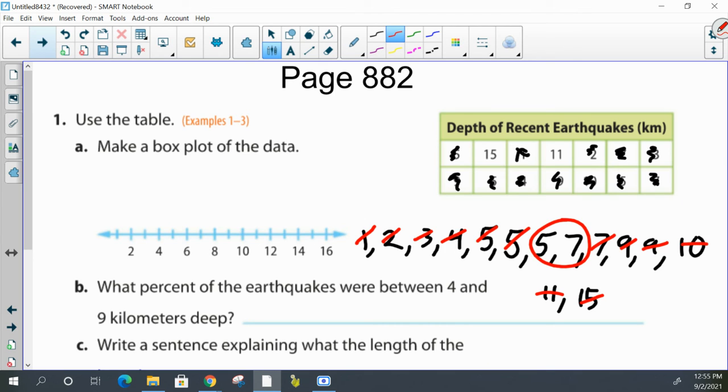We have a 5 and a 7. What's 5 plus 7? 12. 12 divided by 2? 6. What's in the middle of 5 and 7? 6. So 6 is our median. Come find 6 and put a dot above the line graph there.